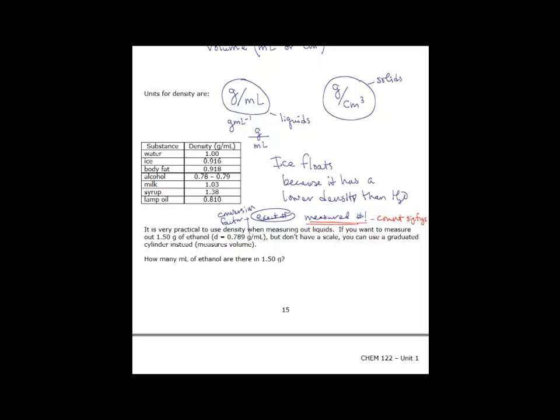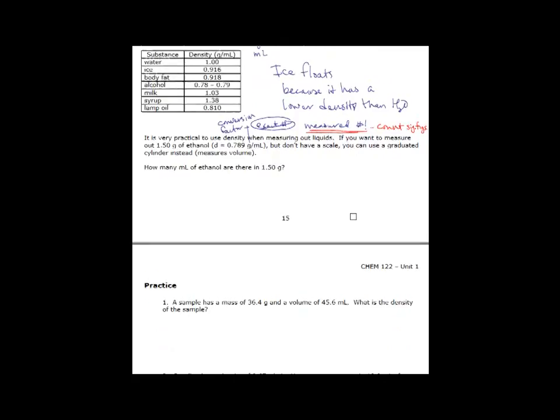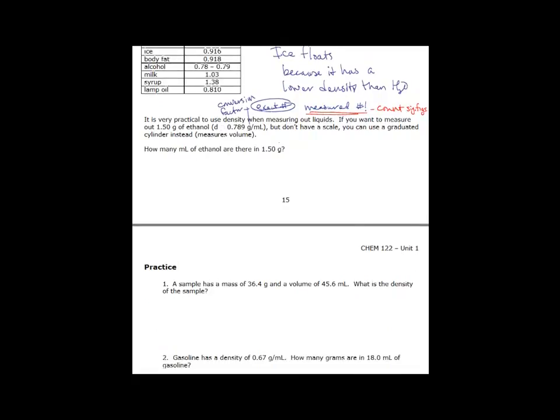Okay, so how many milliliters of ethanol are there in 1.5 grams? So 1.5 grams is our starting quantity. So 1.50 grams of ethanol over 1. And I'm going to use the density, and I need grams to cancel out, so I'm going to put the density on the bottom.